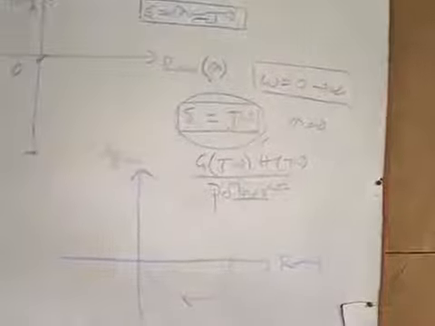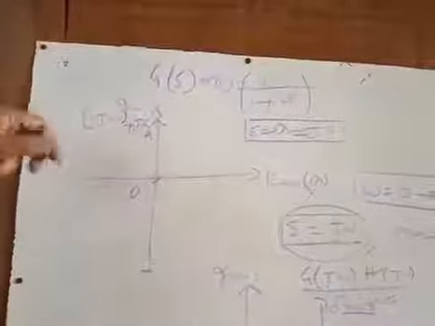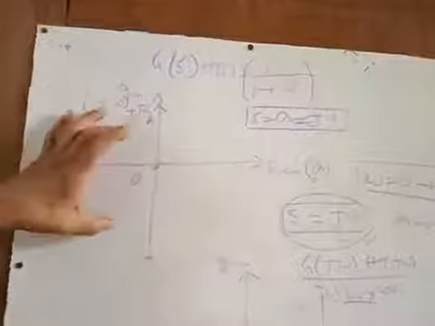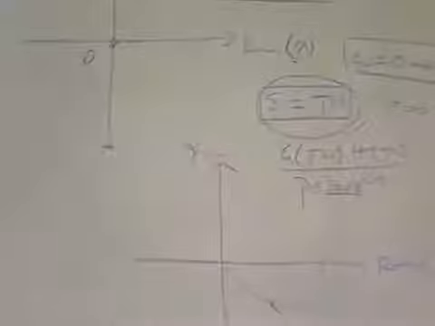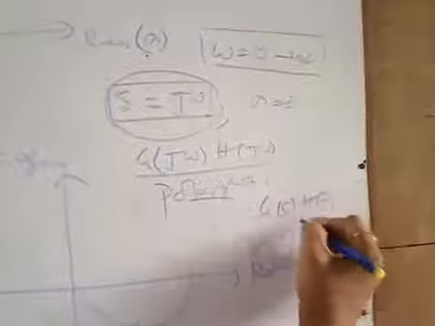So this is actually the s plane, and we are going to discuss the Nyquist criterion with the help of the Nyquist plot. This is your s plane, this is your jω plane, and this is the G(s)H(s) plane.